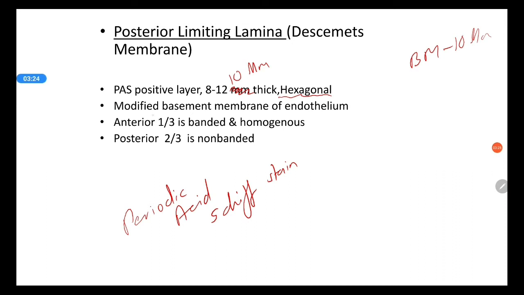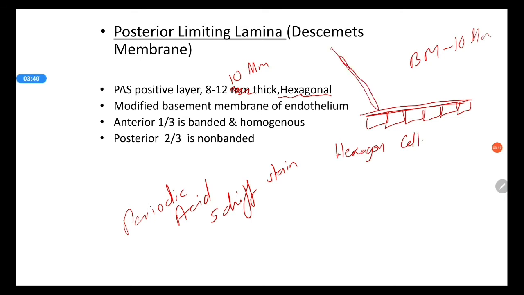Now, in fact, after the Descemet's, you see the endothelium, which is also hexagonally arranged, made of hexagonal cells in fact. So some also call the Descemet's membrane the basement membrane of endothelium.